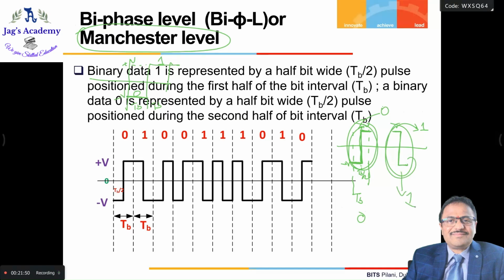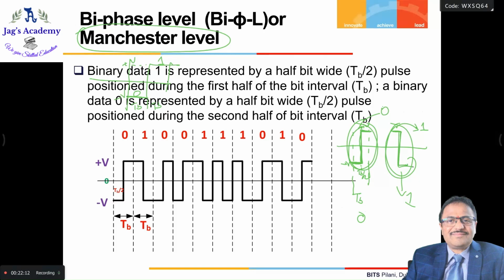All of you understood this? This is different now. This is going from low to high. This is going from high to low. Both are at the same phase shift, right?